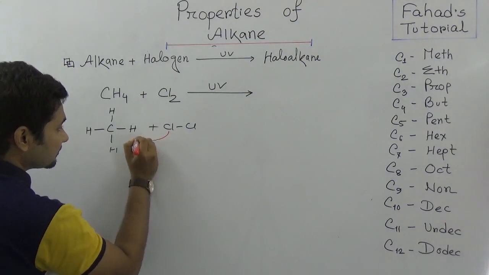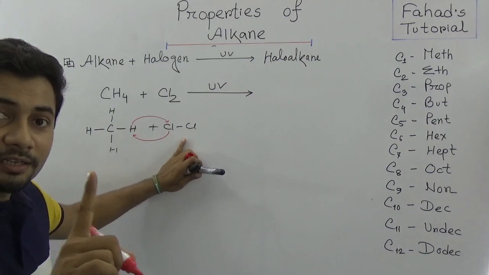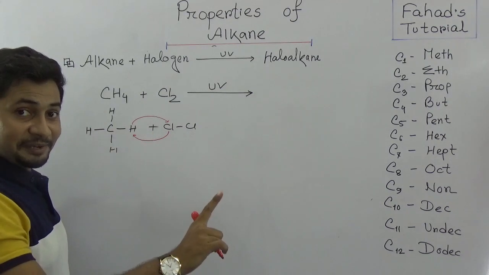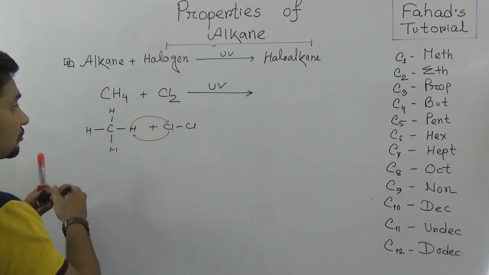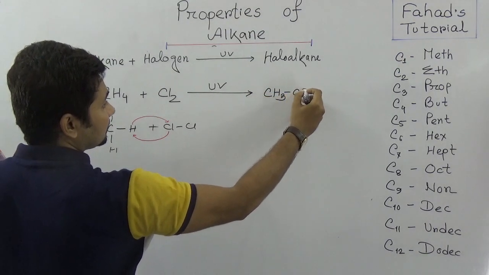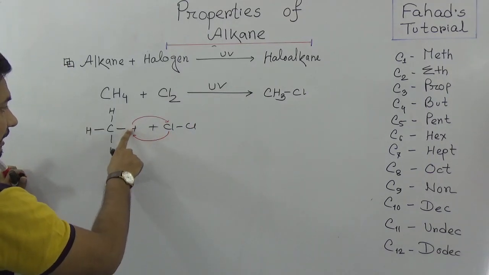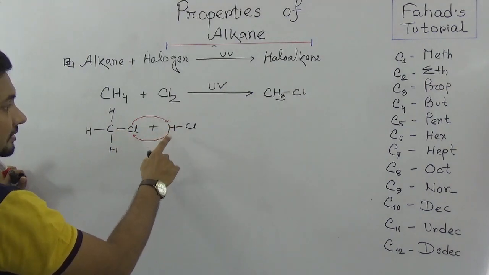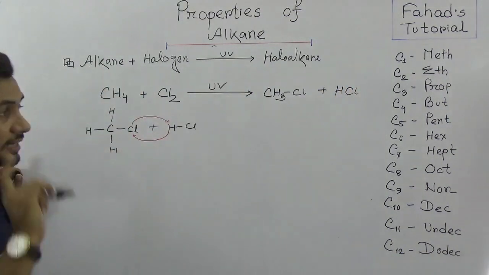Chlorine will substitute hydrogen, and the hydrogen will come out. So 1 chlorine is substituting hydrogen every time. This is the first reaction, it has 4 stages. So 1 chlorine, 1 hydrogen, it will be CH3Cl. 1 Cl comes in, and hydrogen comes out as HCl. Each time it will produce hydrochloric acid.